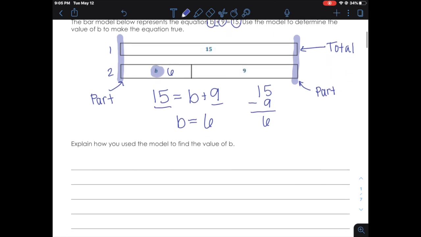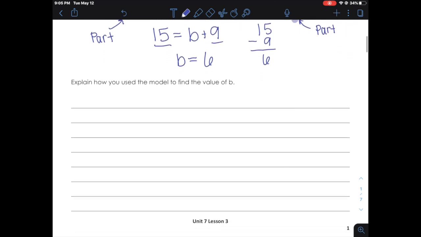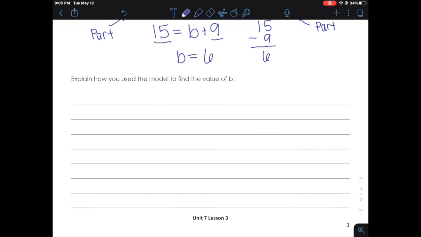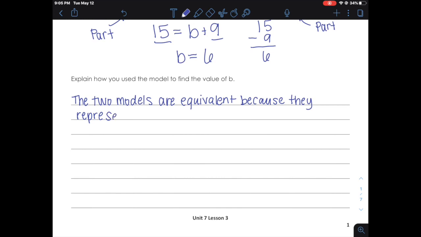So explain how I used the model to find the value of b. Well, the two models are equivalent, so let's just take a few notes. The two models are equivalent because they represent two equivalent equations.